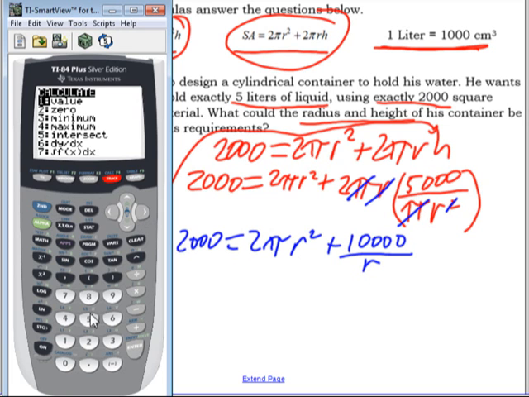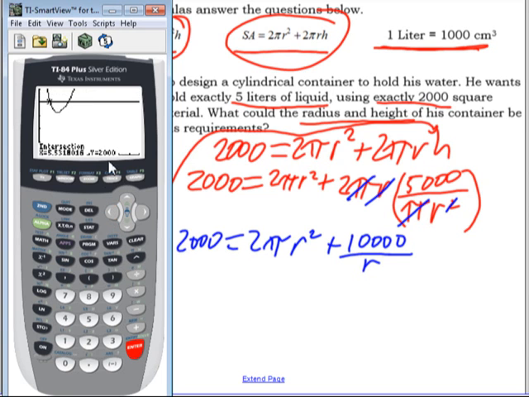So second calc intersect. I'm going to select the first curve, press enter, second curve, press enter. Don't really have to think about that too much because there's only two curves. I'm going to arrow over. I'll take the first one, the one to the left first. So I'm going to put my cursor close to that.